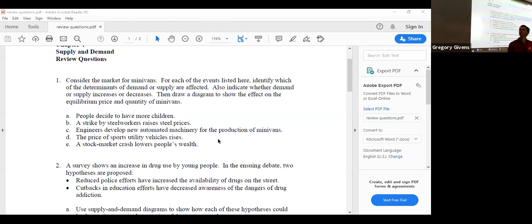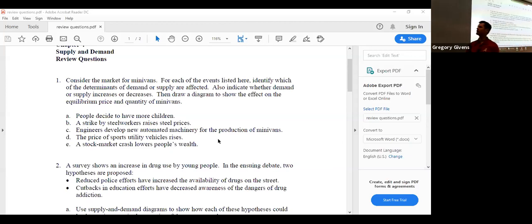Possibly, but I would say more directly, if a new automated machinery is developed, that sounds to me a little bit more like a technological improvement that ultimately could lower input prices, but is probably more directly related to technology, which would cause the supply schedule to shift to the right, and therefore quantities to rise and prices to fall.